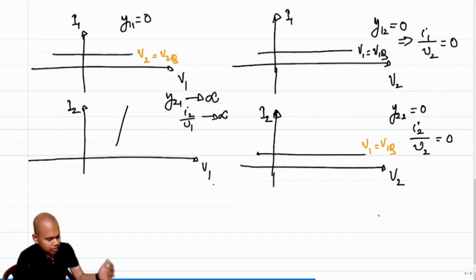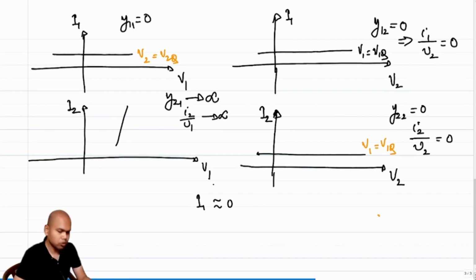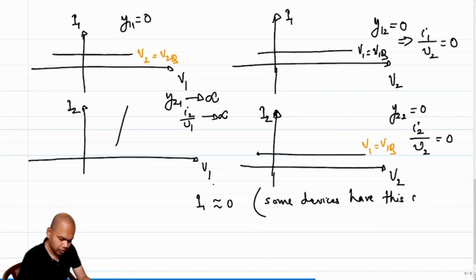There are many devices in which I1 is close to 0, for all V1.